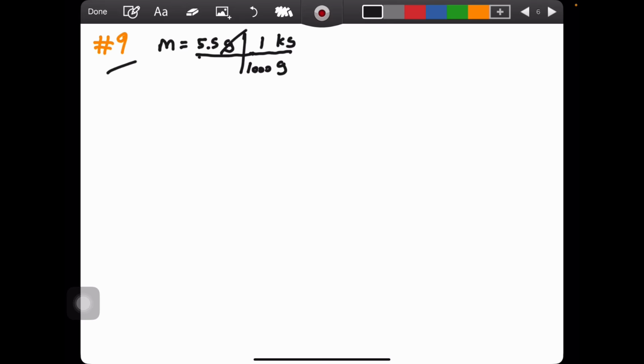So you see how the grams cancel. You multiply adjacent columns. So this would be 5.5 multiplied by 1 over 1,000. Since you're dividing by 1,000, you need to take the decimal place and move it 3 spots to the left. So not to 0.5, not to 0.05, but to 0.005. So this equals 0.005 kilograms.